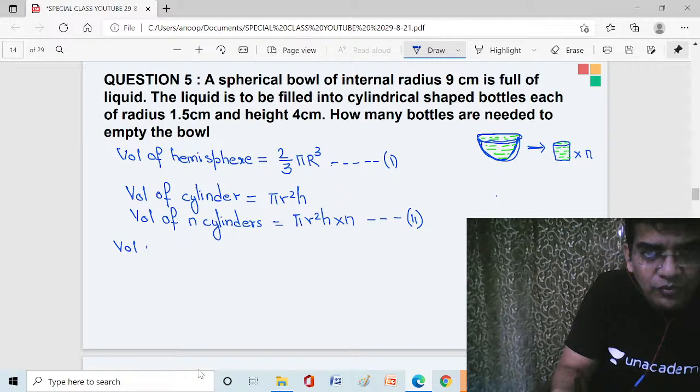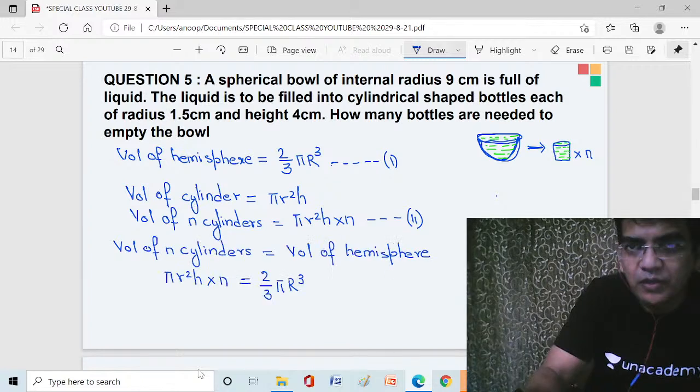So on the left side, volume of n cylinder is this pi r square h into n, and on the right side, volume of hemisphere is 2 by 3 pi r cube. So we have equated them.